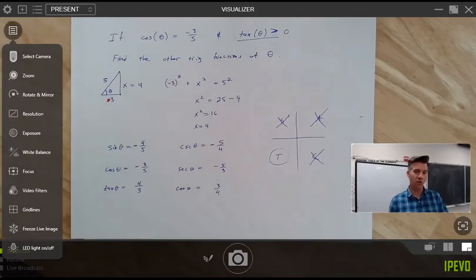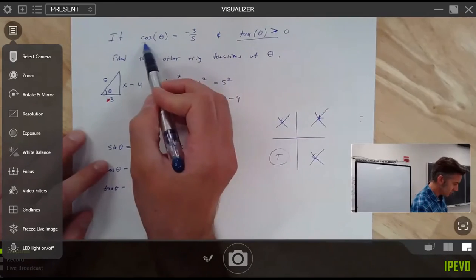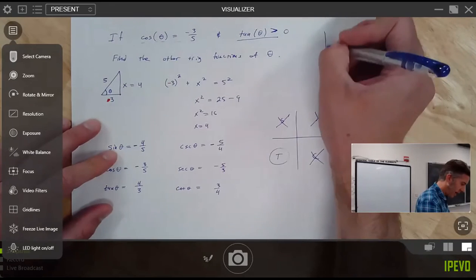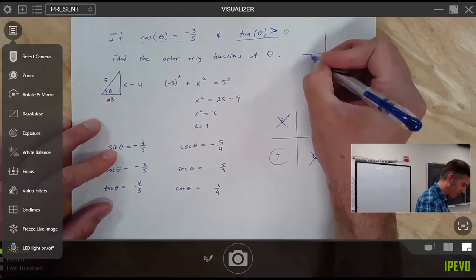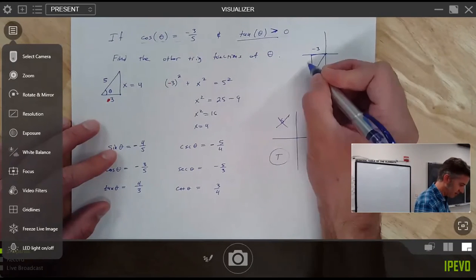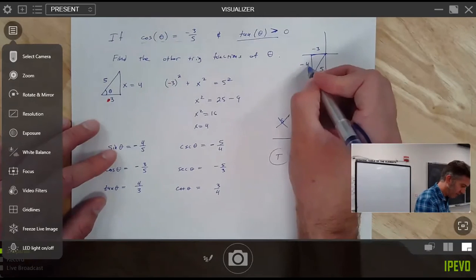So I suppose the answer to your question is mostly yes. I ignore the negatives and then just look at what quadrant I'm in to figure out if it's positive or negative. There are other ways of doing it. You could use this information to say, if cosine's negative and tangent's positive, I can draw my triangle down here and say that this side's -3 and this side's +5 and this side ends up being -4.